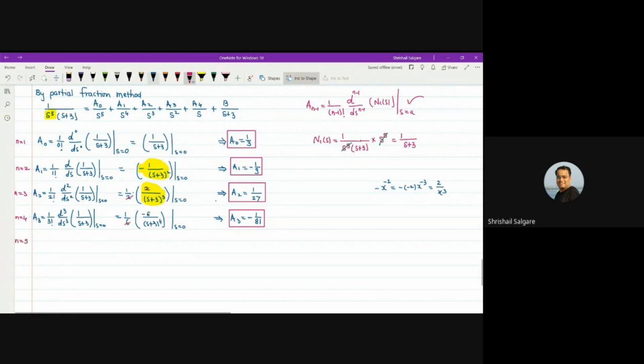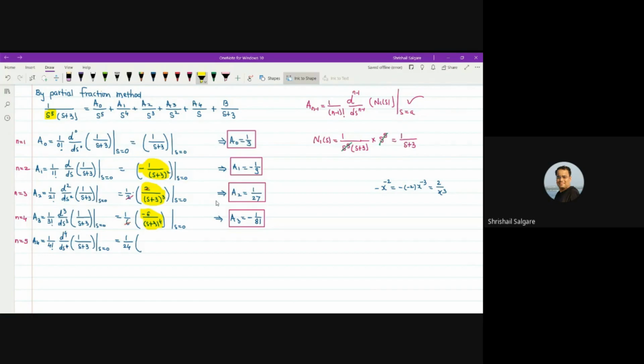Then this a4 is given by 1 upon 4 factorial into the fourth derivative of 1 upon s plus 3 at s equal to 0. The value of 4 factorial is 24. Fourth derivative means once again you have to differentiate this highlighted term.